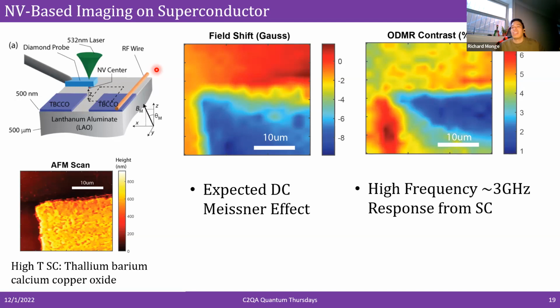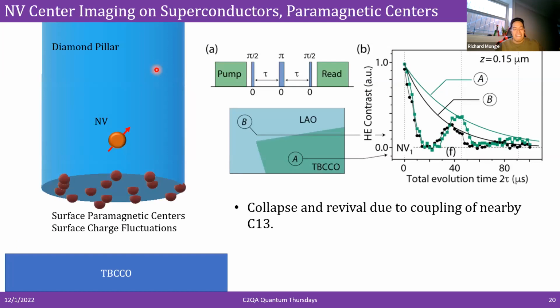So then with this in mind, we can implement the protocols that I mentioned before, like a Hahn echo sequence. So we have a diamond nanopillar, this single NV, in close proximity to the high temperature superconductor. As you can see, these are the coherence curves.